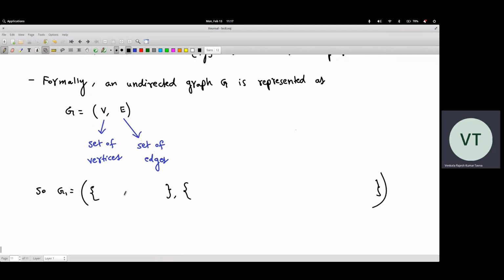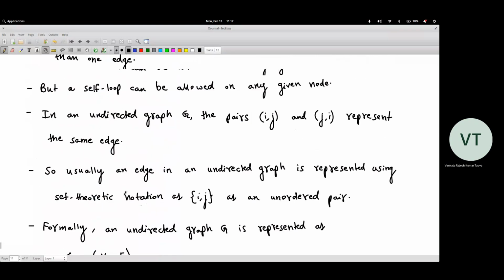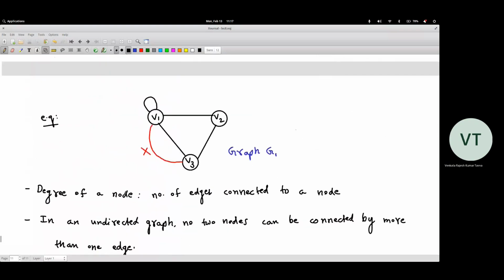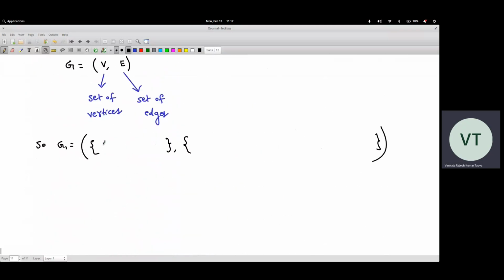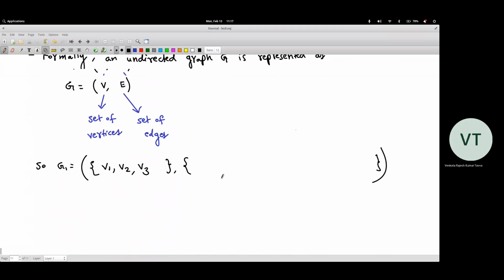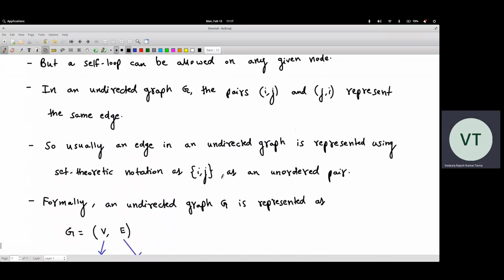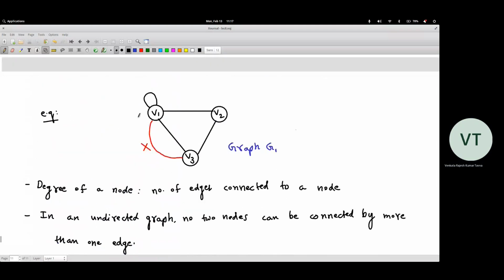Right? So what are the vertices in this graph? V1, V2, V3, right? So there are only 3 vertices. So those go into the first set. And what are the edges? Let's go node by node. For V1, what are the edges?